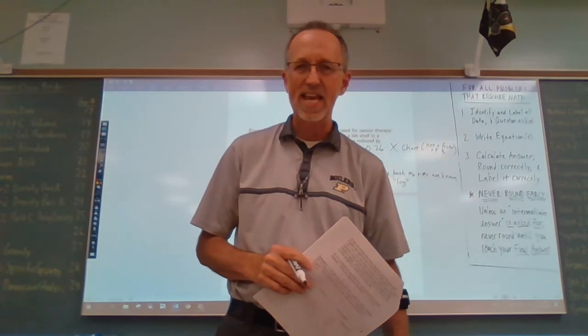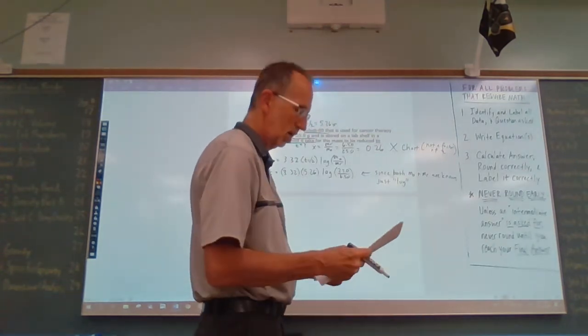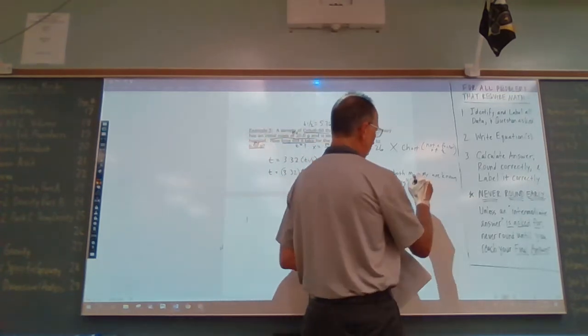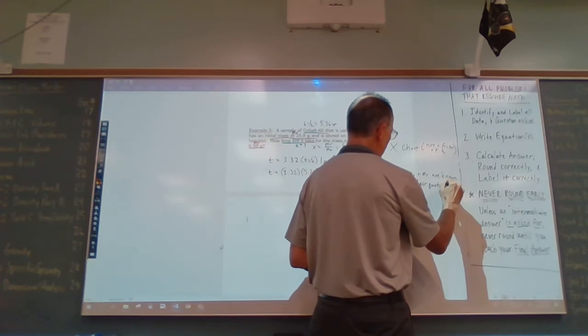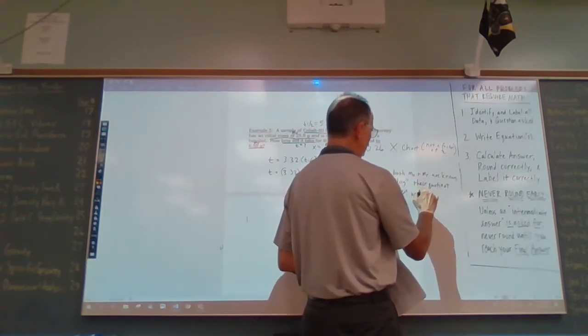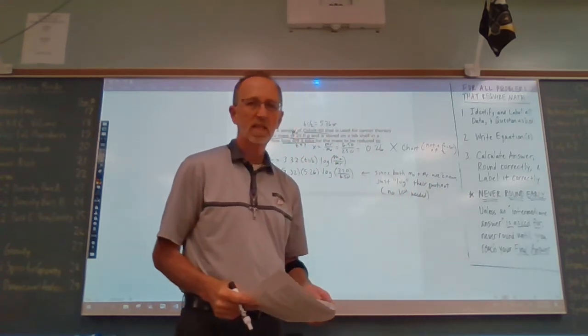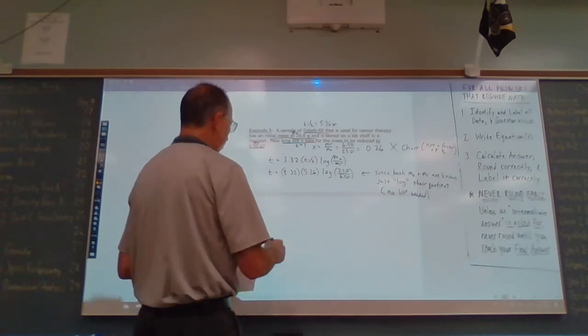We don't need 10 to the x or the inverse log. We're just going to use the log button like it says right here, just log their quotient. So there's no 10 to the x needed on this one. Makes it a little easier, actually. So let's do that.